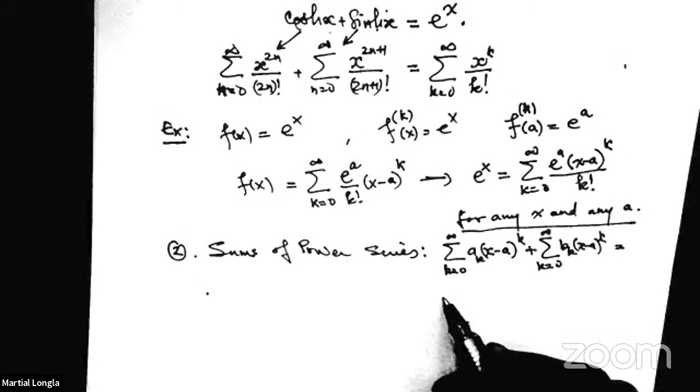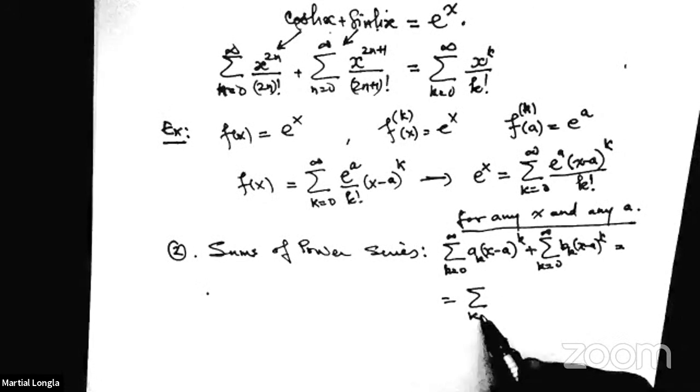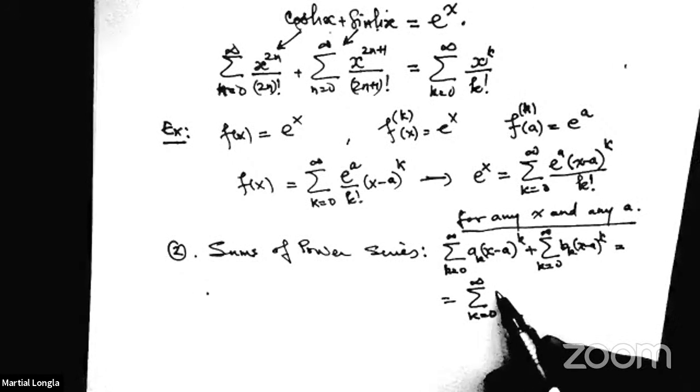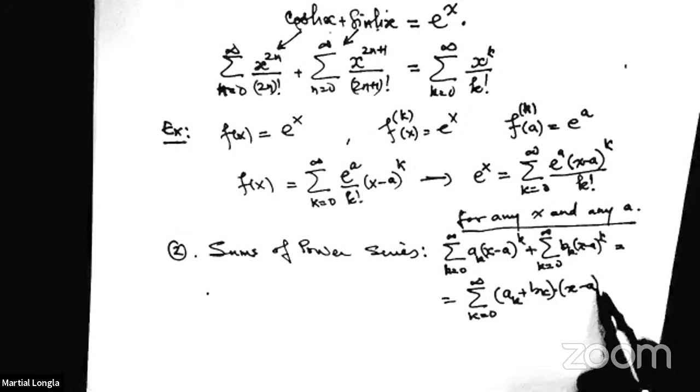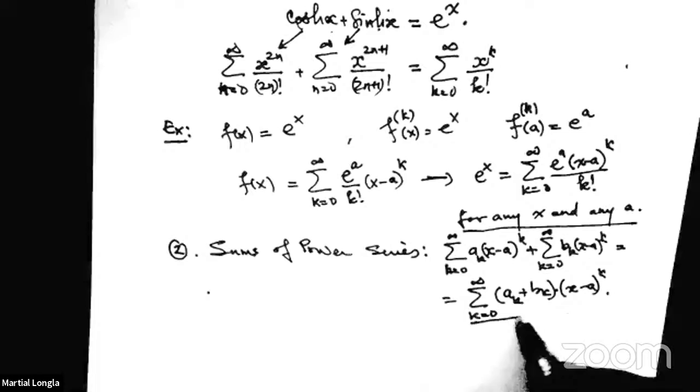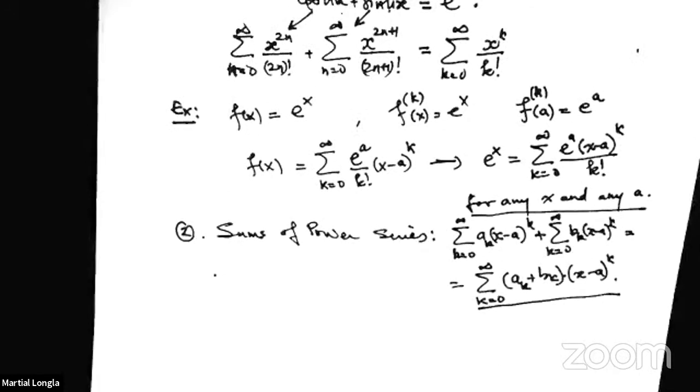This sum is equal to the sum k from 0 to infinity of a_k plus b_k times x minus a to the power k. That's how you add them. When they have the same powers, the same x minus a, you just add their coefficients.